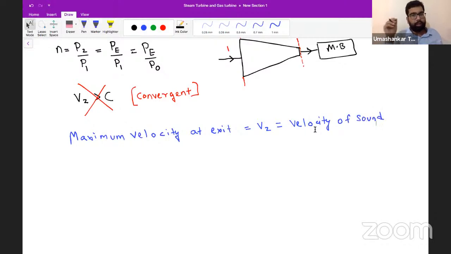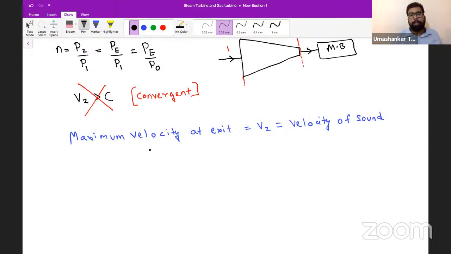In a convergent section, we cannot achieve a velocity more than the velocity of sound. This is what we saw in the last session. And the point where we attain the velocity of sound is called the critical point or choke point.